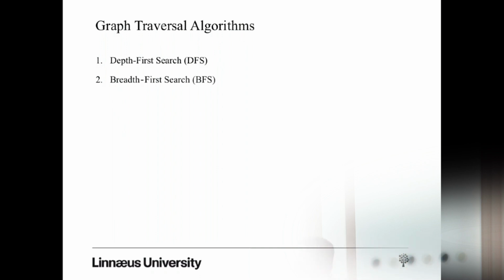So we have two major algorithms to visit the nodes in a graph: breadth first, and depth first. As the name indicates, depth first is where we go deeper and deeper. In the tree we have a root node, and we often start an algorithm from the root node.